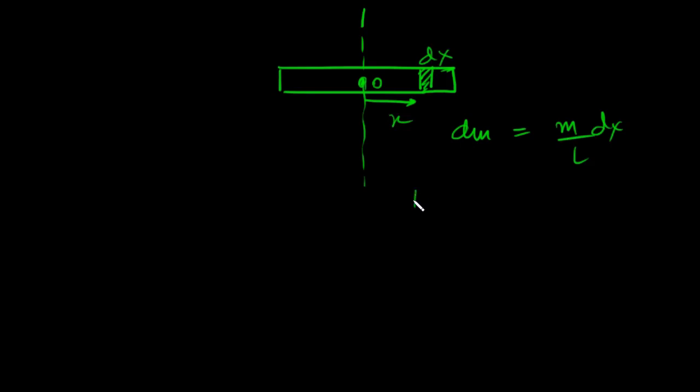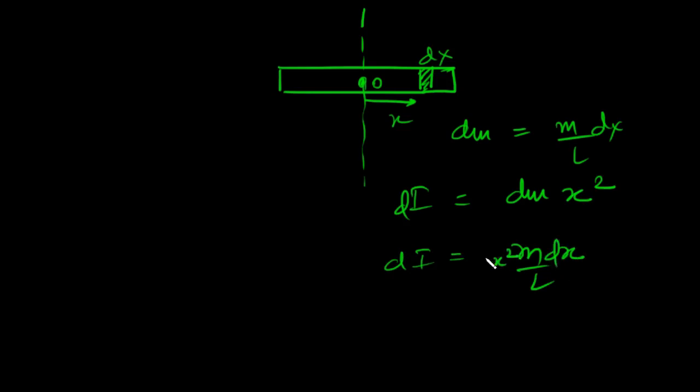So what will be dI? dI will be equal to dm times x square, and dI will be equal to m by L dx into x square. What will be the limits now? You see, the limits will be changed because if I am taking a strip of mass dm over here, a similar strip I will have to take here also, because the rod is not half, the rod is full.